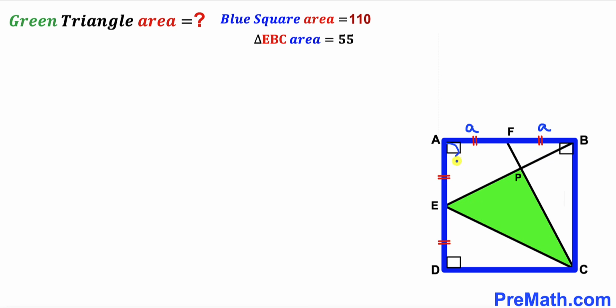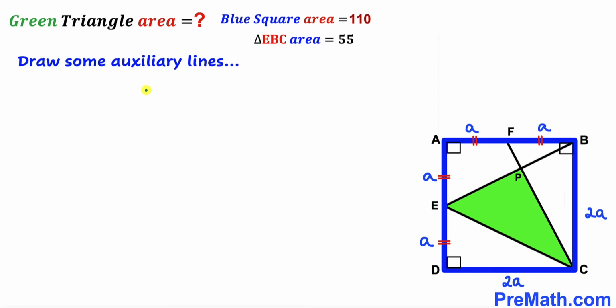Likewise, segment AE is lowercase a, and finally this one is lowercase a as well. So side CD length has got to be 2a, and side BC length is 2a as well.